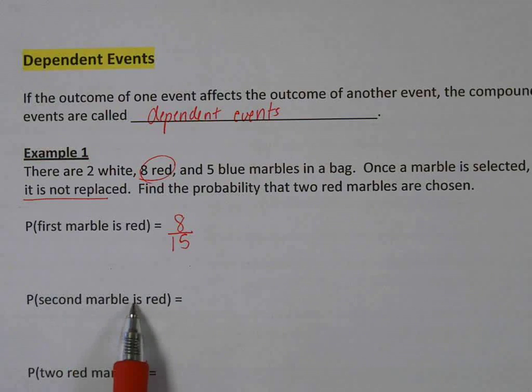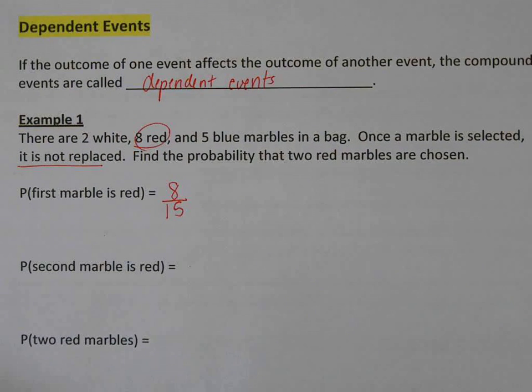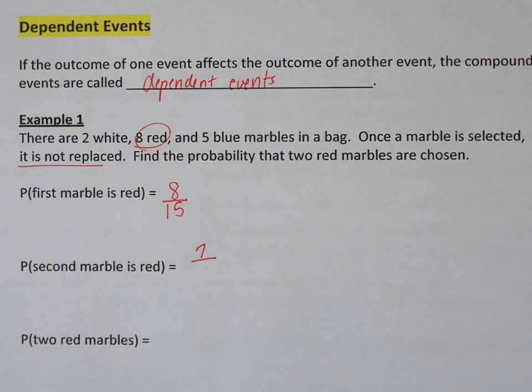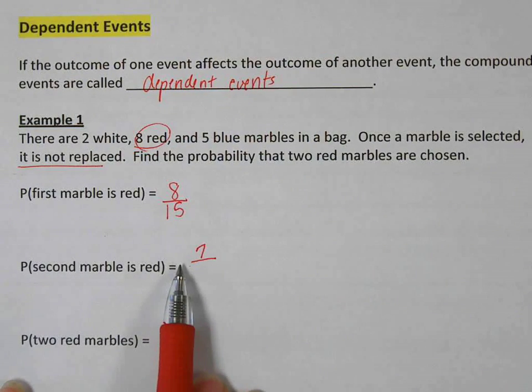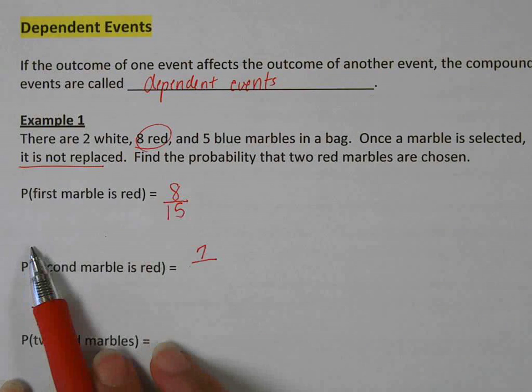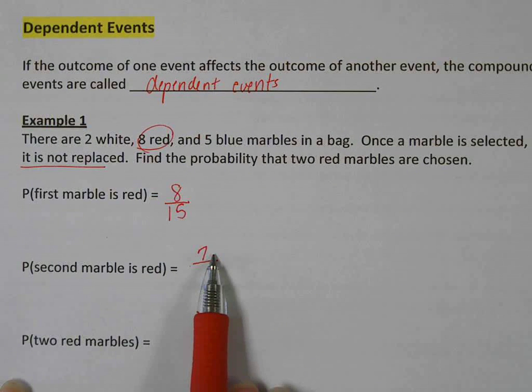Now, the probability that the second marble is red. Here's where you really have to think. If I drew a red marble the first time, that means I would only have 7 red marbles left. So we have to use subtraction. I had 8 to start with. If I drew a red the first time, then I would have 7 red left.